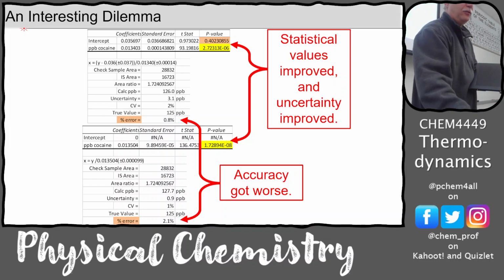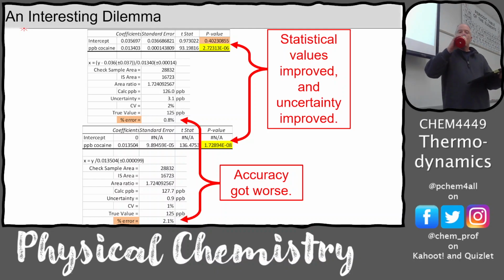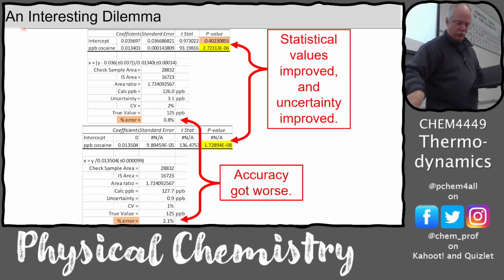We know the true value is 125, and the top one with the bad intercept got the right answer. Yes. I think you'd use the second. And why would you support that?